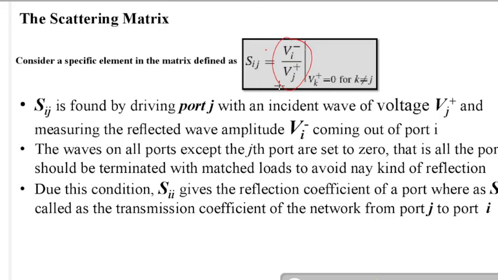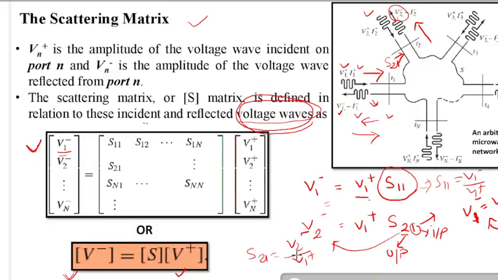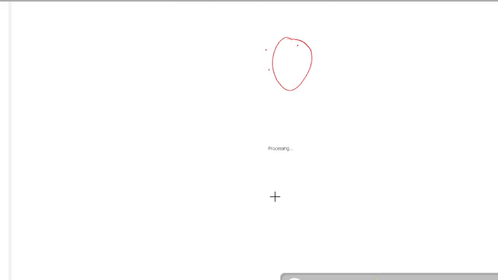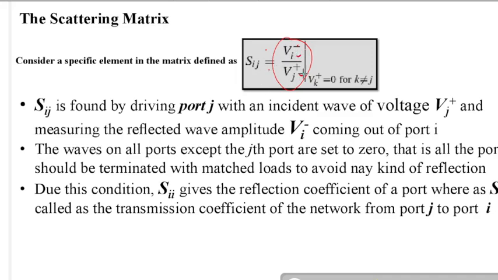So this is written here. Consider a specific element in the matrix where Sij is equal to Vi minus divided by Vj plus. Here the first one at the top, second one at the bottom, so I and J. In this case, what is J?